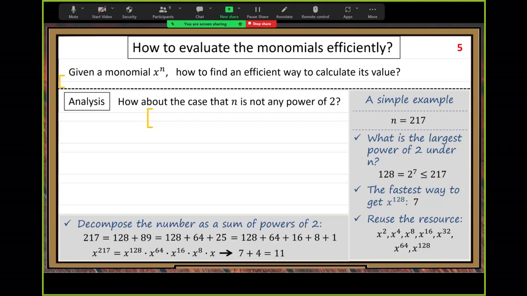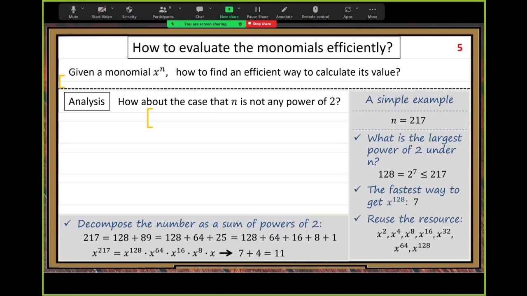7 plus 4, 11. So the answer is we need 11 multiplications to find x to the 217th, that power function. Try to get the idea.